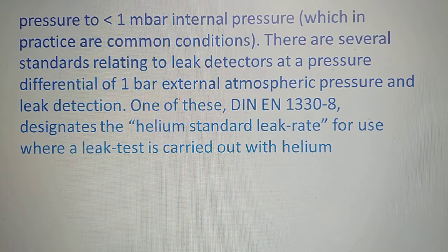And there are several standards related to leak detectors at a pressure difference of 1 bar, external atmospheric pressure. Now this is a model number which is used to detect the leak using the helium test.